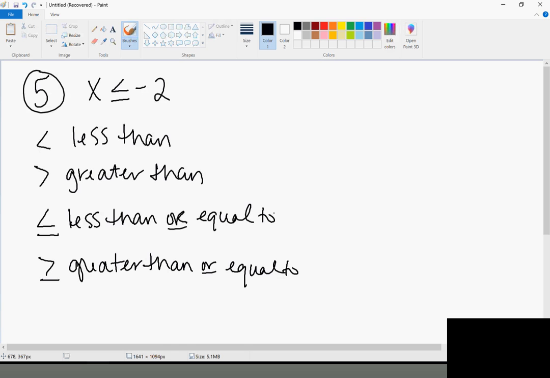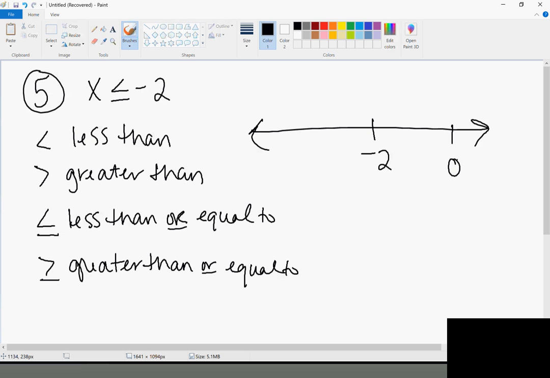Okay, so we're talking about a region of numbers. So we want to start with a number line. And so we only have one number that we're concerned about, and that's -2. So I'm just going to put that in the middle. Okay, so if I were to put some other numbers around -2, a number greater than -2 would be, for example, 0, or any positive number would be greater than -2.